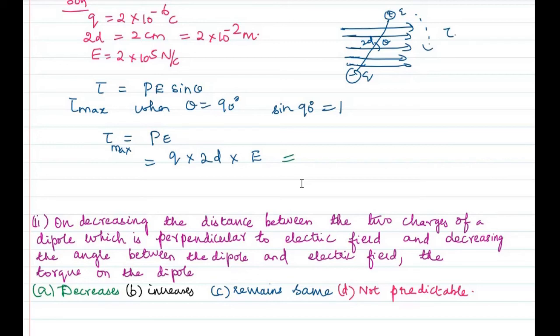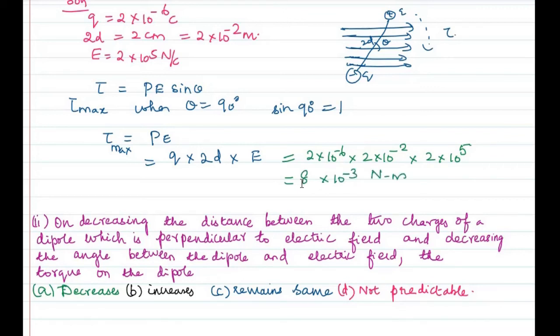So Q value is 2 into 10 to the power of minus 6, into 2 into 10 to the power of minus 2, into 2 into 10 to the power of 5. That is Q into 2d times E. So you get the answer as 8 into 10 to the power of minus 3 Newton meter.